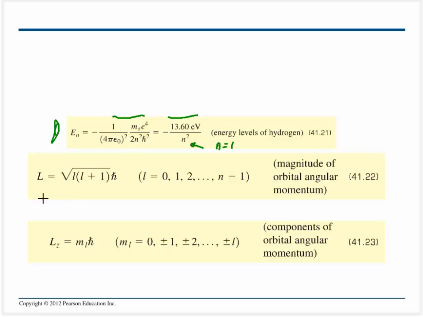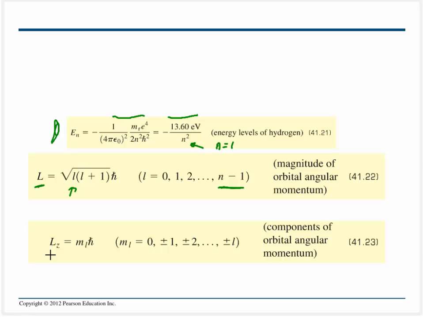Some other things that fall out of the Schrodinger equation are that the orbital angular momentum, this L right over here, also has to be a quantized value, and it's related to the quantum number L as well as h bar. And right over here you can see how n dictates the orbital angular momentum values.